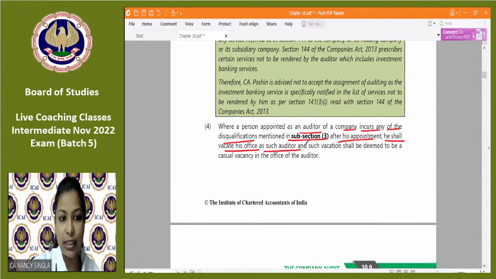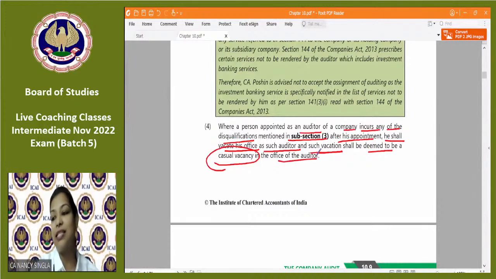Vacate, खाली कर देंगे the office of auditor, and such vacation shall be deemed as casual vacancy in the office of the auditor. And I told you that casual vacancy के लिए section 139 subsection 8 देखेंगे कि कैसे fill होगा casual vacancy. Clear? Is it clear?